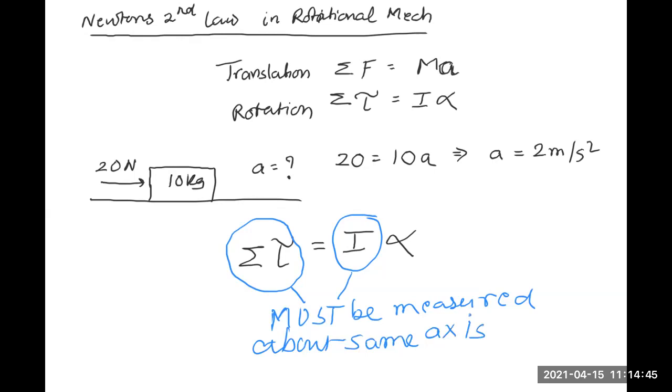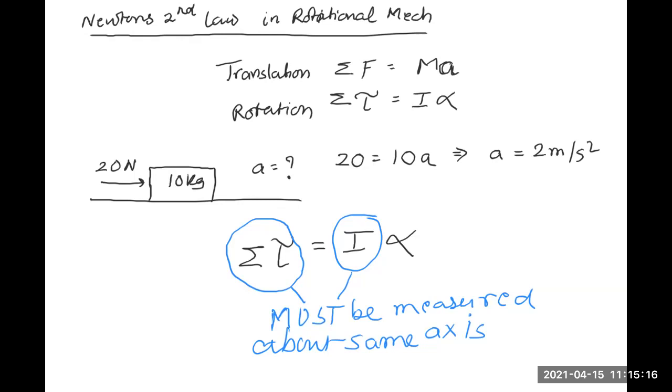So you cannot say that, look, I will measure the torque about this axis and the moment of inertia about a different axis, and then apply torque is equal to I alpha, right? This is not allowed. This is not correct. जिस एक्सिस के अबाउट टॉर्क मेजर हो रहा है उसी एक्सिस के अबाउट I भी मेजर होएगा. Okay.